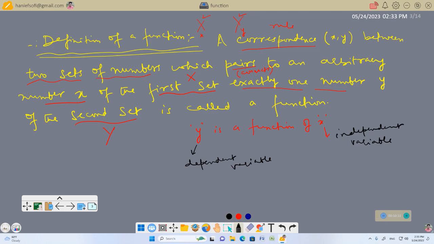For example, if there is some rule which relates to sets, it is my set X, it is my set Y, let the elements of set X be 1, 2, and 3, and the elements of set Y be A, B, C, D, and E, for example.